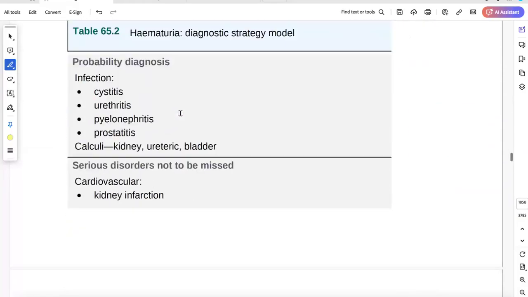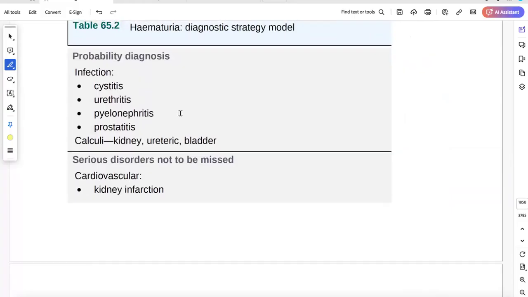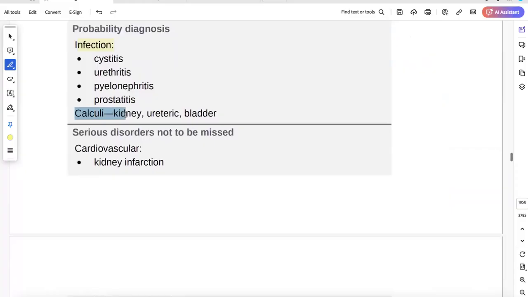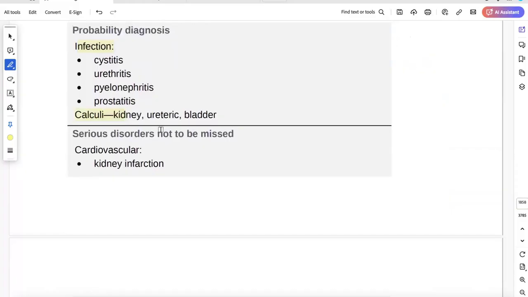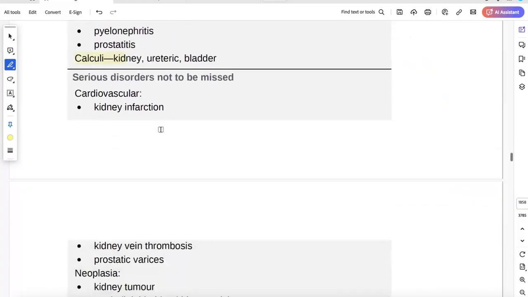So you can read the initial history and the causes. Hematuria can be due to infection. Even a UTI patient can present with hematuria or blood in the urine. Kidney stone, ureteric stone, bladder stone can come with hematuria.